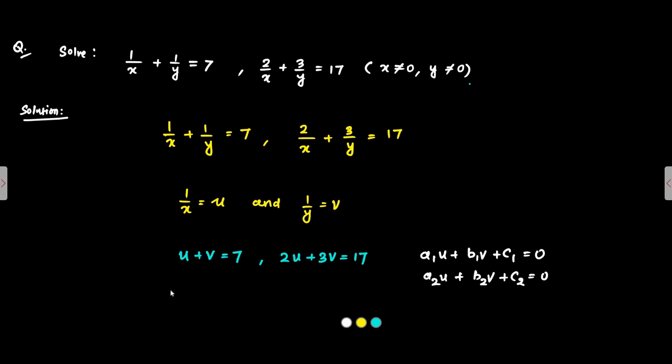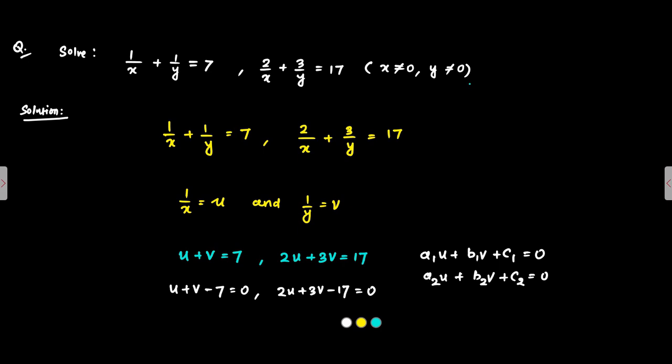We'll write u plus v minus 7 is equal to 0 and 2u plus 3v minus 17 is equal to 0.